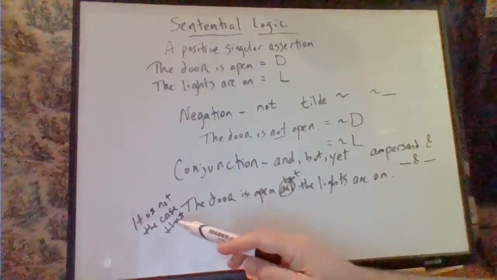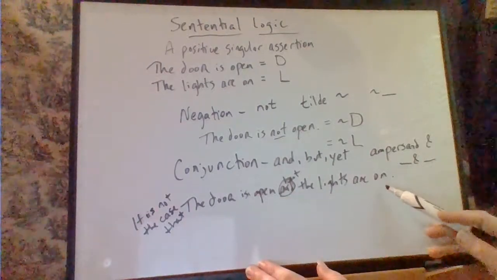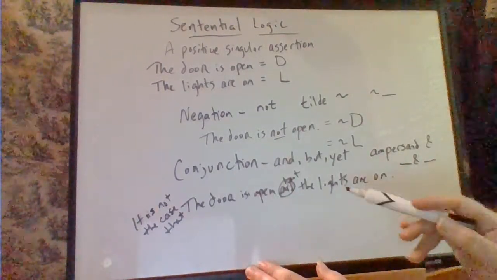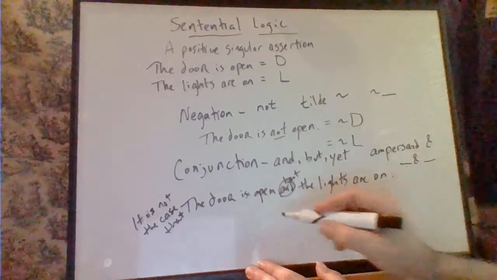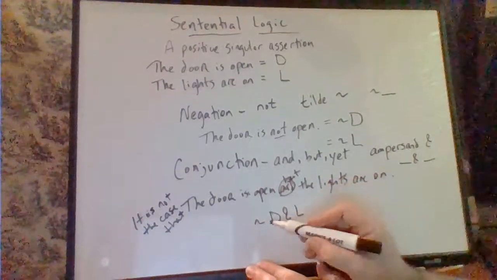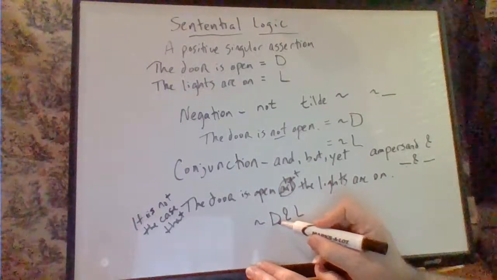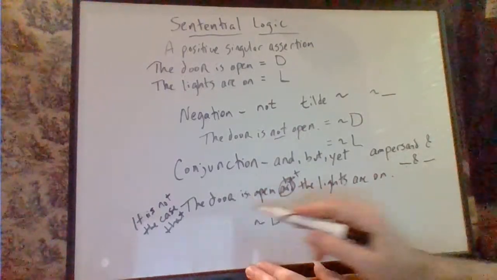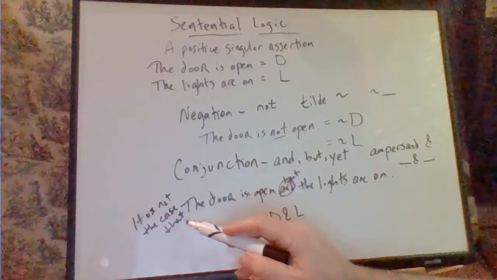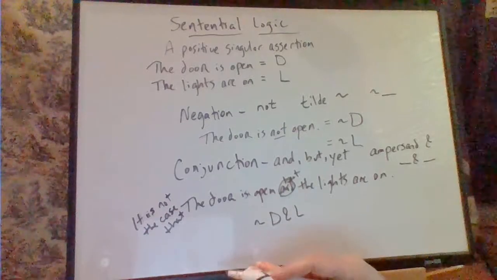Well, right here at the very beginning, I am denying the entirety of that statement. But here's the problem. If I simply put the tilde in front of the statement, then all that tilde is doing is denying the statement about the door being open. It's not denying the whole thing, which is what this is trying to do. And so to make this work, we need punctuation.